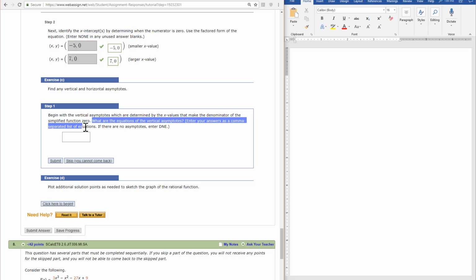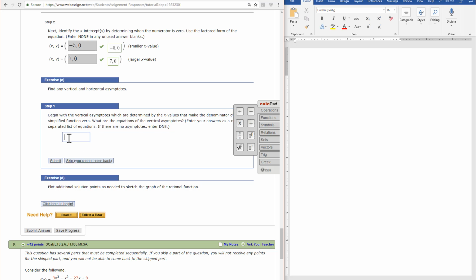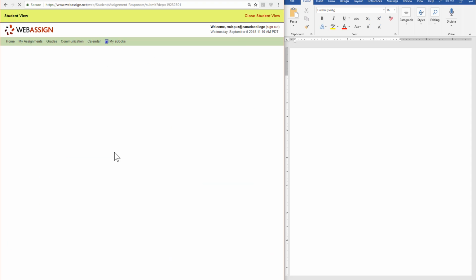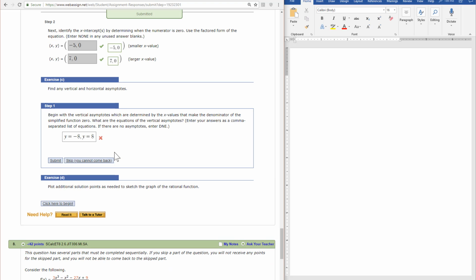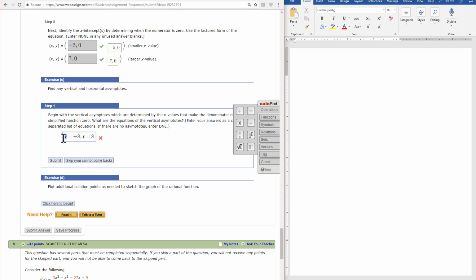Enter your answer as a comma separated list of equations. So I think we have y equals -8, and then a comma and our second equation y equals a positive 8. Oops. They're vertical asymptotes, so they are x equations, not y. So x is equal to negative 8, x is equal to positive 8.